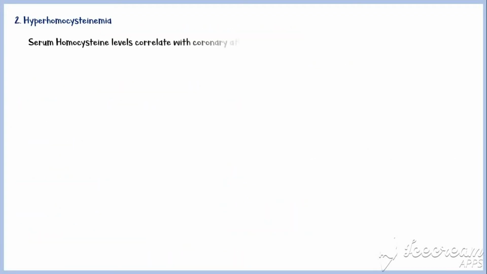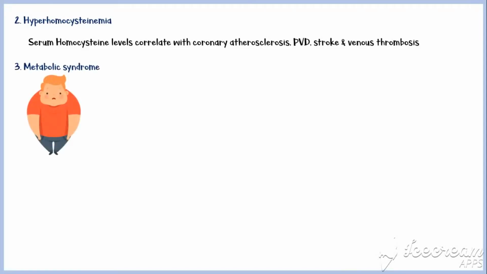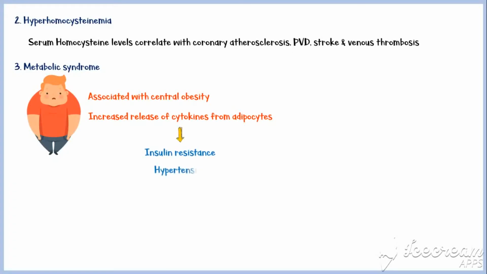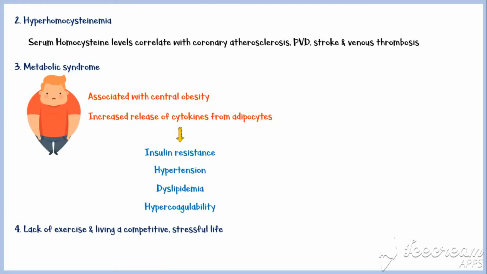Serum homocysteine levels correlate with coronary atherosclerosis, peripheral vascular disease, stroke, and venous thrombosis. Metabolic syndrome is another risk factor. It is a condition associated with central obesity and increased release of cytokines from adipocytes, which leads to insulin resistance, hypertension, dyslipidemia, and hypercoagulability. Another additional risk factor is lack of exercise and living a competitive, stressful life.